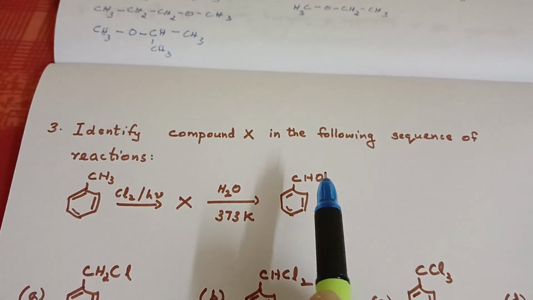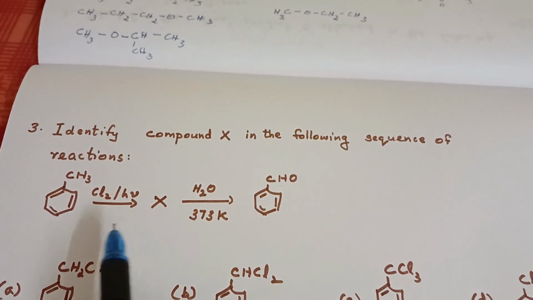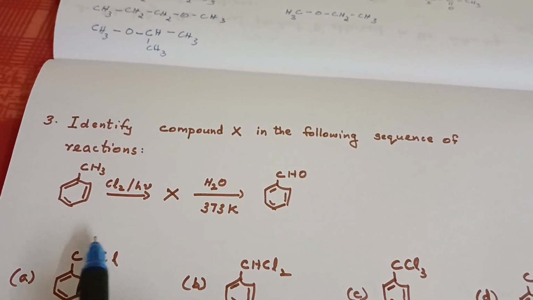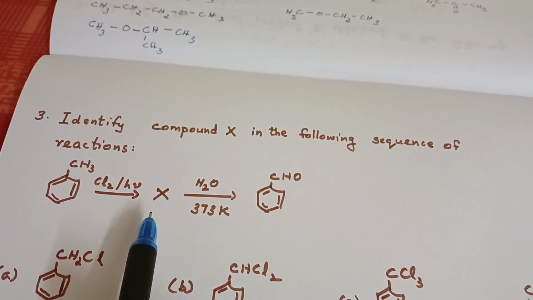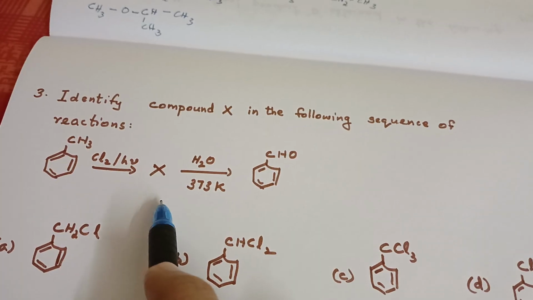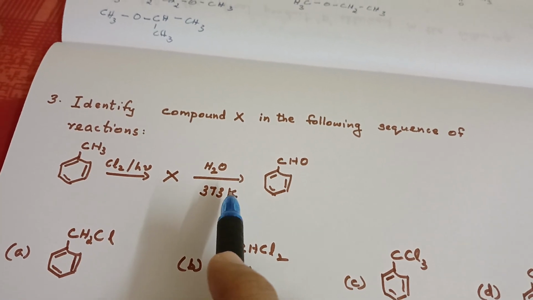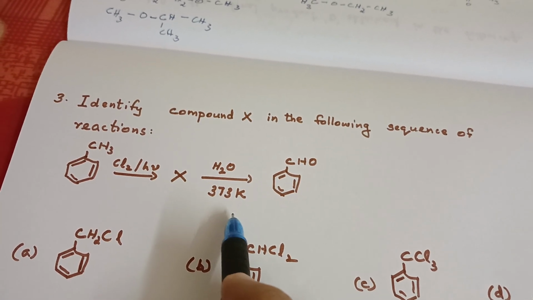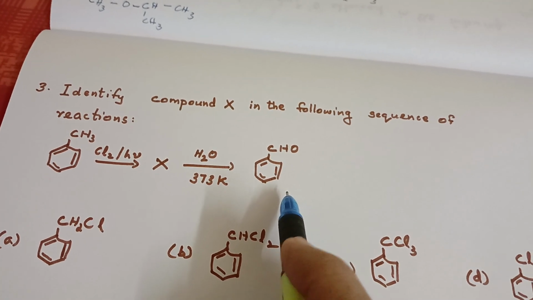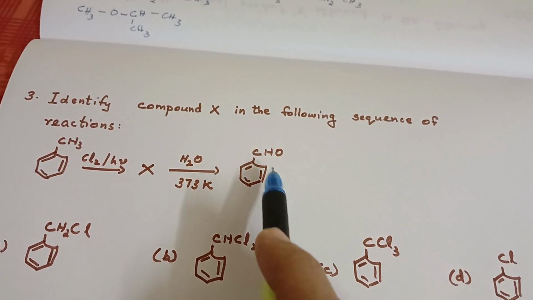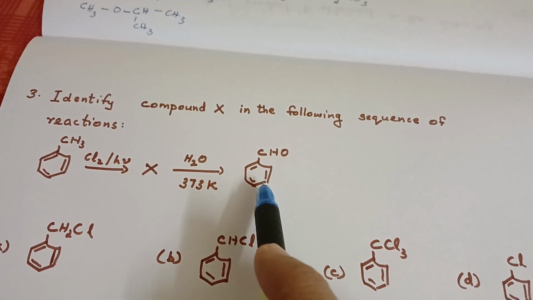Identify compound X in the following sequence of reactions. Here you have toluene treated with chlorine in the presence of sunlight. A compound X is obtained on treatment with water or hydrolysis at 373 Kelvin. You are getting benzaldehyde. So when we look at the product, it is benzaldehyde.